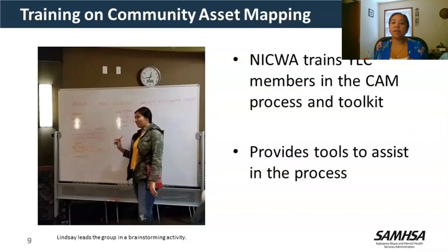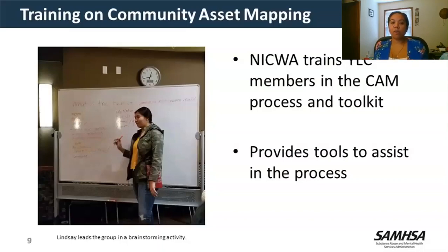We did an amazing amount of work during that time, brainstorming on topics that they might be interested in, assets in their community, as well as people in their community that would be good to identify and talk to about assets in their community.